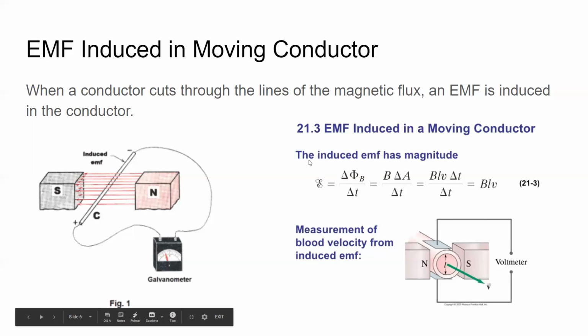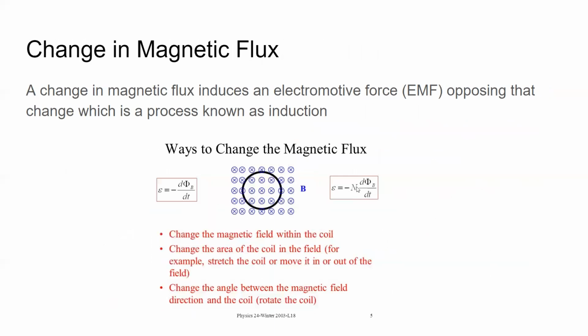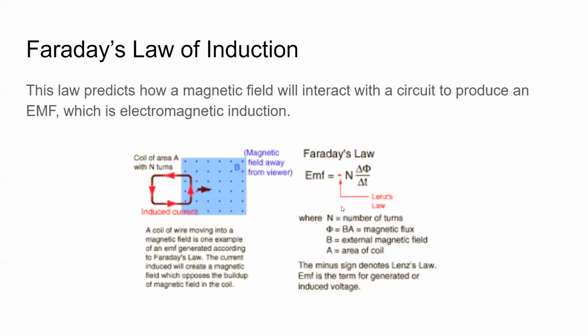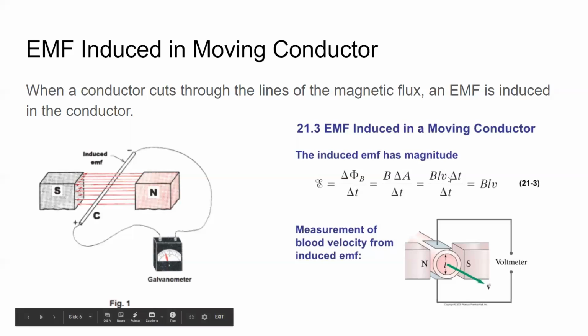And the induced EMF does have a magnitude, so it will be able to measure the velocity, as this law, which dates back to Faraday's law, delta phi over delta t, which is broken into B delta A, which is area, the magnetic field, over delta t, and then this goes into B L v delta t over delta t, which equals BLv. L is the length, v is the velocity, and then it shows how it works.